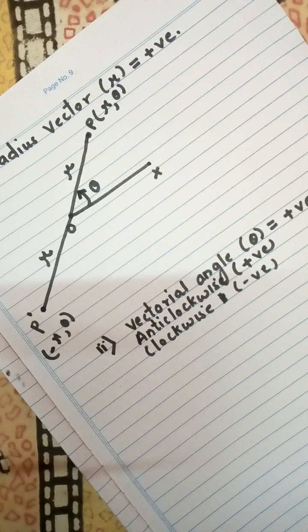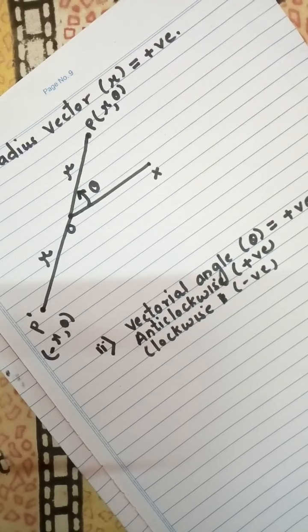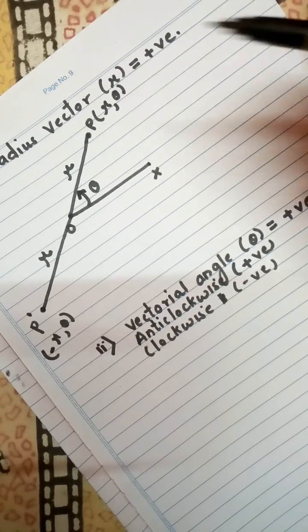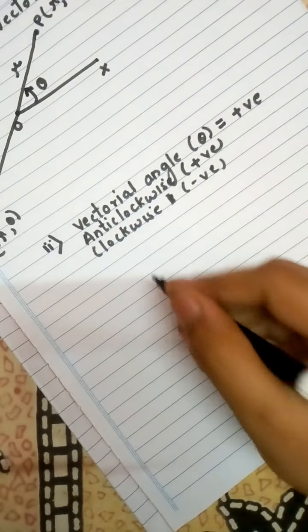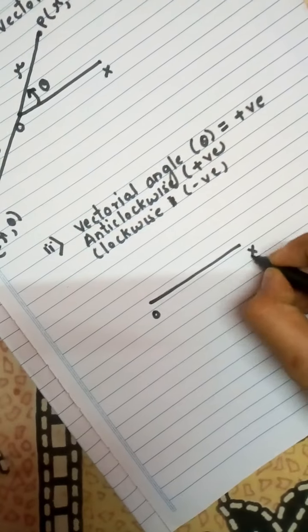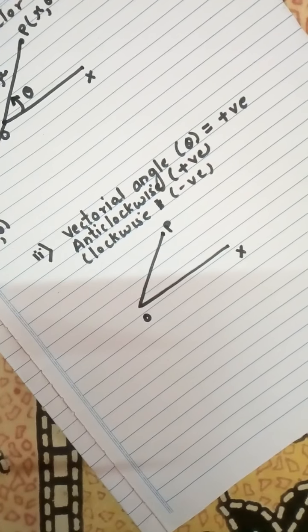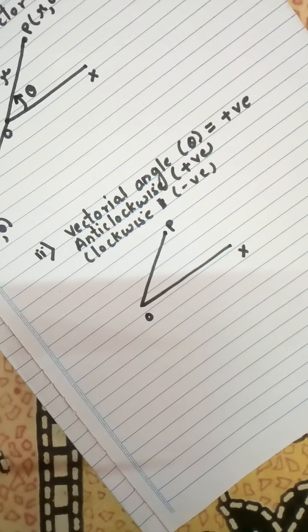The third point is that in the coordinate system we have seen that the point P is unique, but in polar coordinates the representation of this point P is not unique.